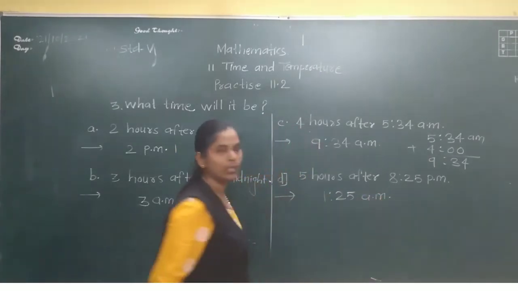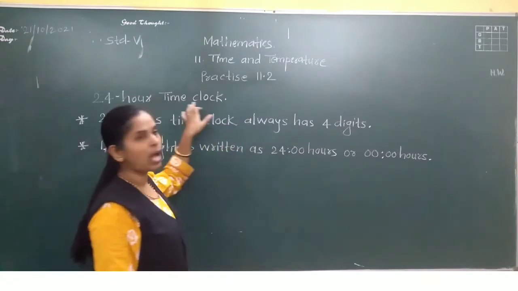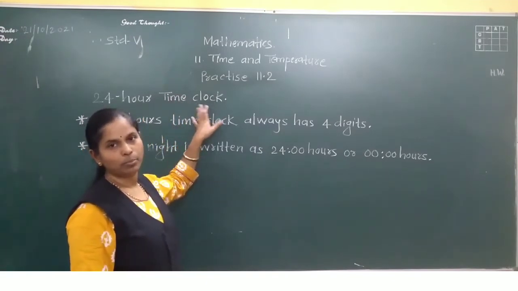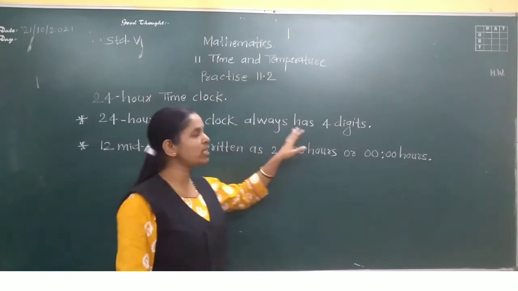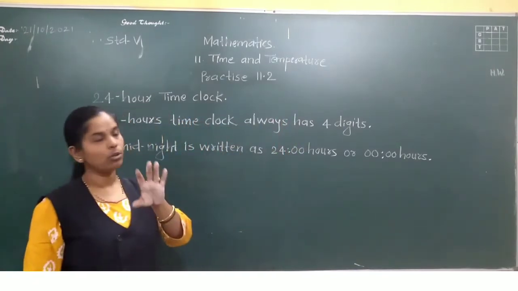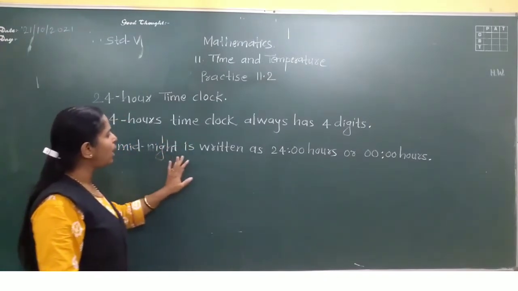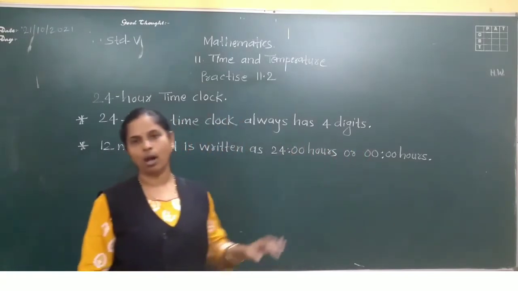Okay. The next concept we are going to learn is the 24-hour time clock. What does the 24-hour time clock mean? See, a 24-hour time clock always has 4 digits first of all. And 12 midnight is written as 24 hours or 00 hours.